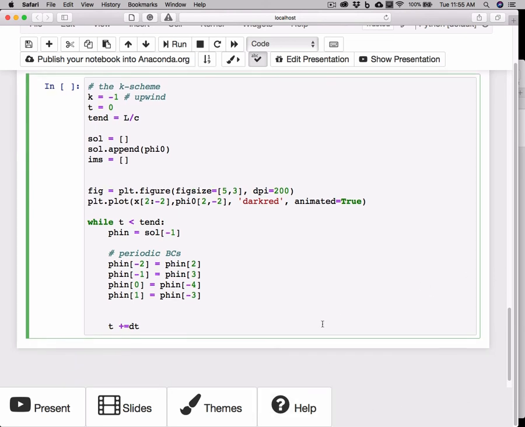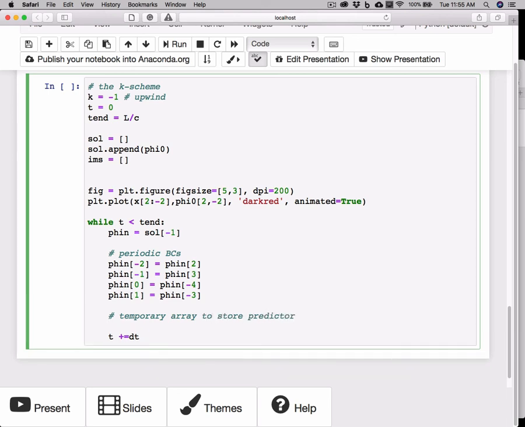Now I'm going to create a temporary array to store the predictor, phi star is np.zeros_like phi 0. Agreed.